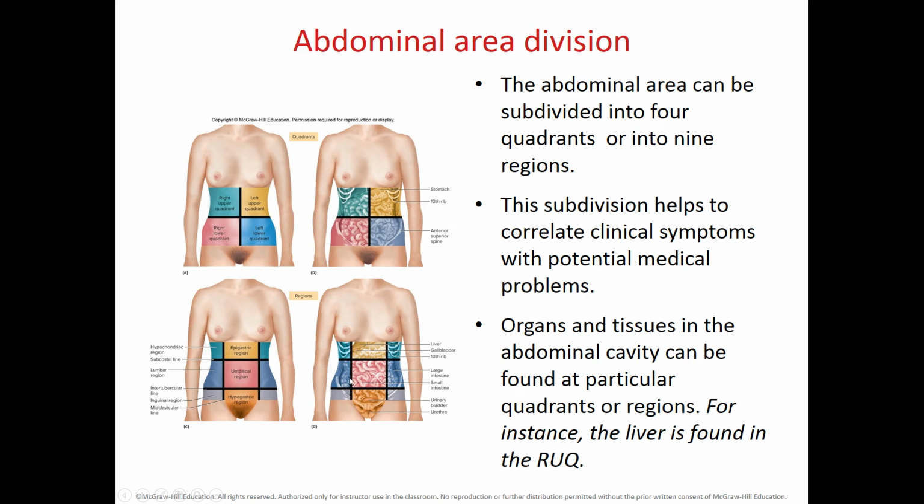On the right side the right kidney, on the left side the left kidney. And then in the hypogastric region for females, we will have the uterus and the ovaries, and for both sexes or genders, the urinary bladder and then the urethra.